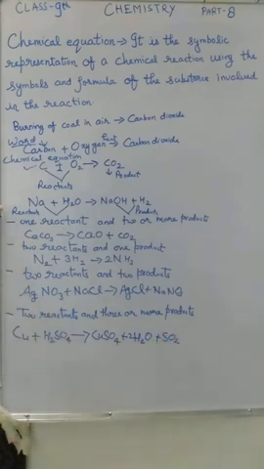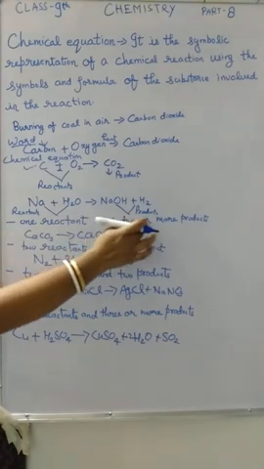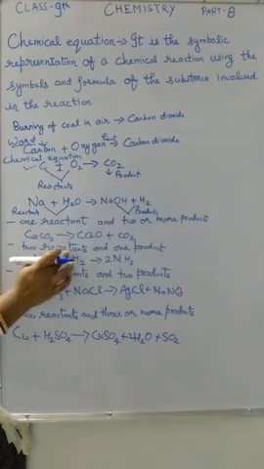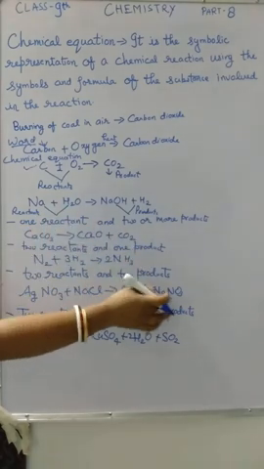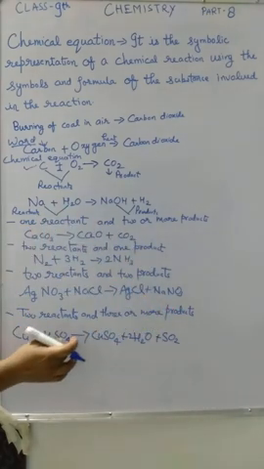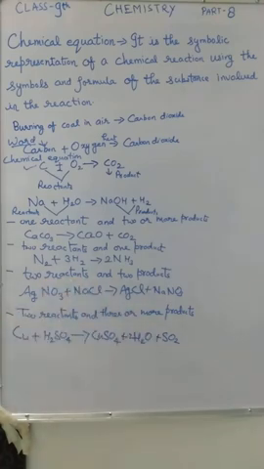So chemical reactions may involve one reactant and two or more products, two reactants and one product, two reactants and two products, or two reactants and three or more products. A chemical equation may involve all these things.